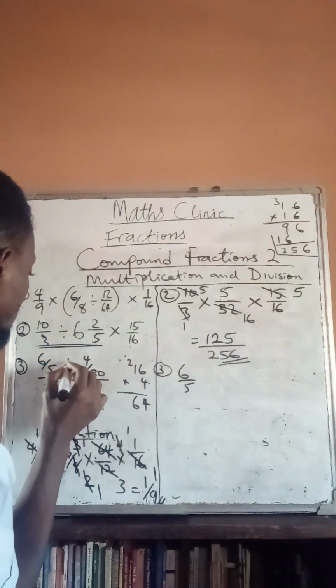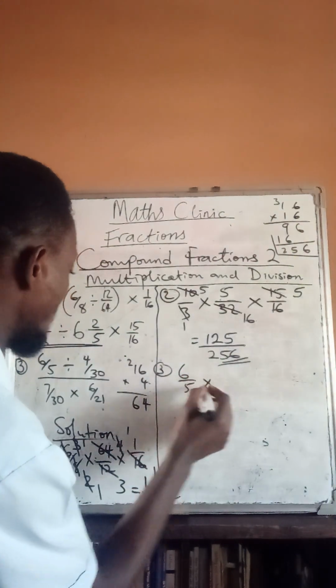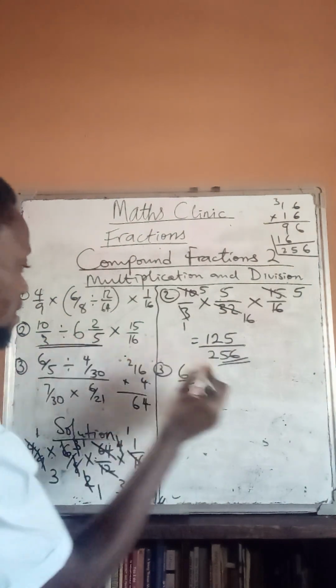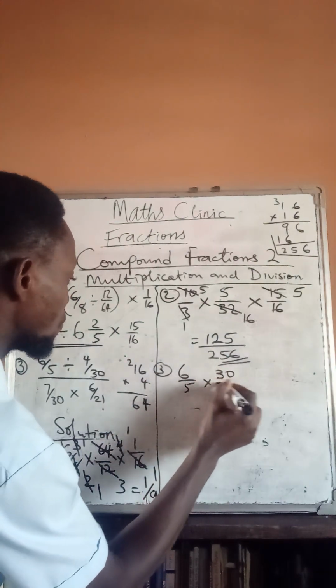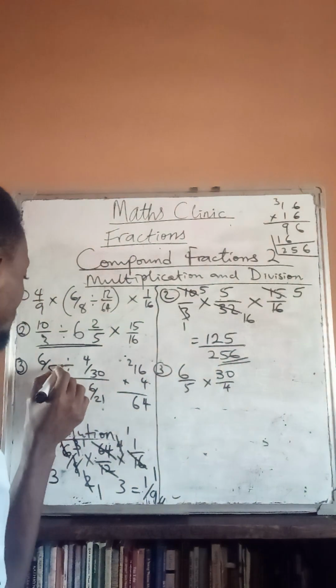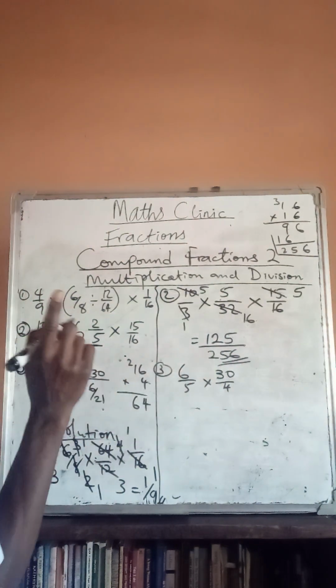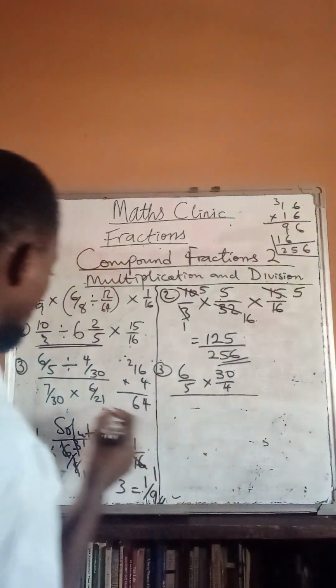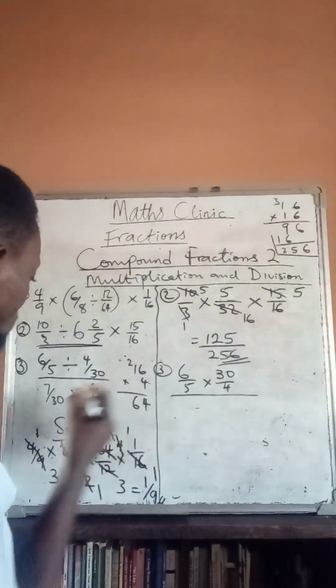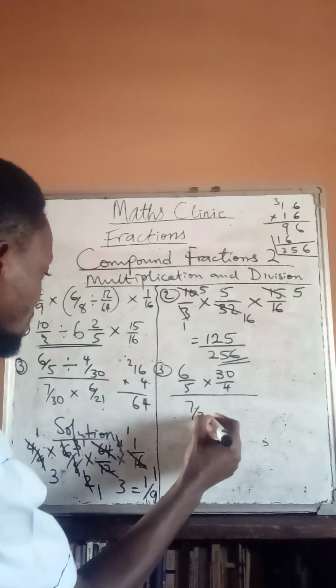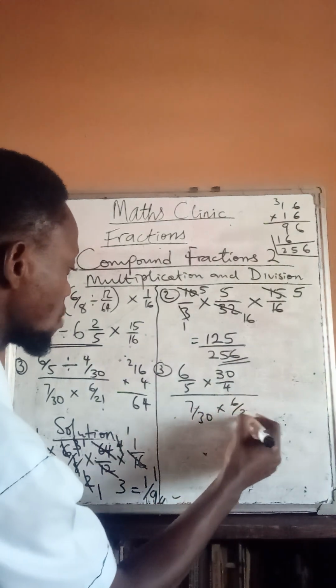Your division sign here changes to times, times this inverted, 30 all over 4. What we made this division sign to change, it means these two will also change. Take note of that. All over 7 over 30 times 6 over 21.